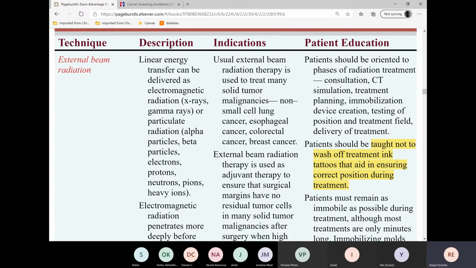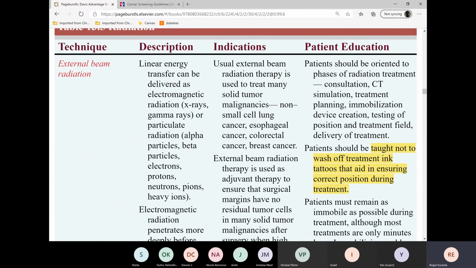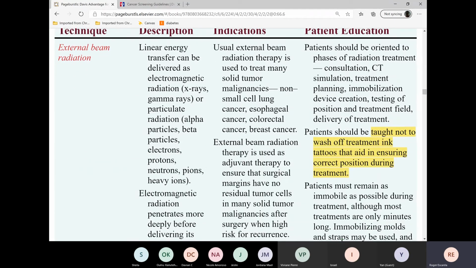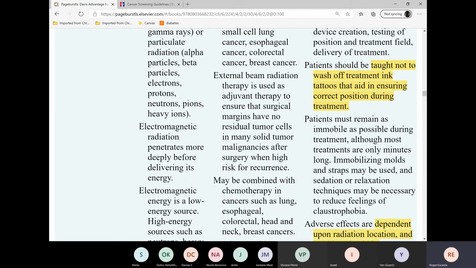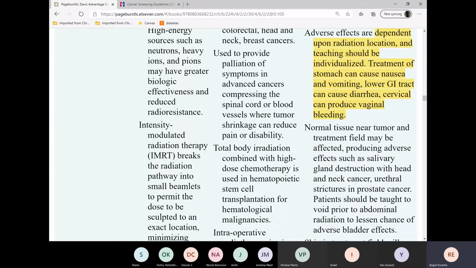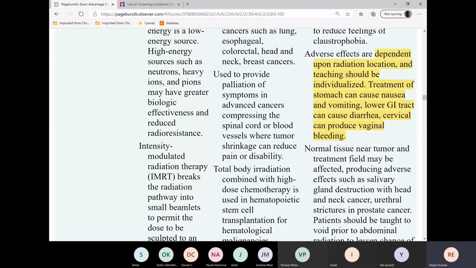It's really on this column right here, the patient education column, where the questions will come from, because these cover what you teach the patient, what your responsibilities are yourself, and more importantly, what are possible side effects of the radiation treatment. As stated in this highlighted section, it's really going to depend on which area is radiated.